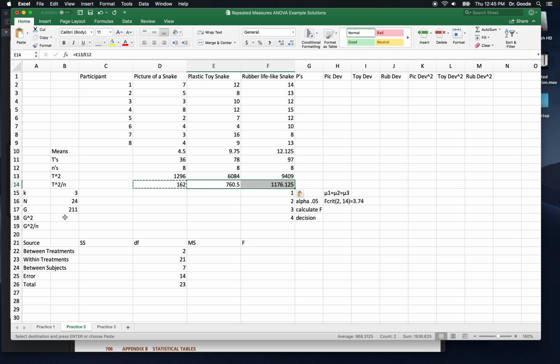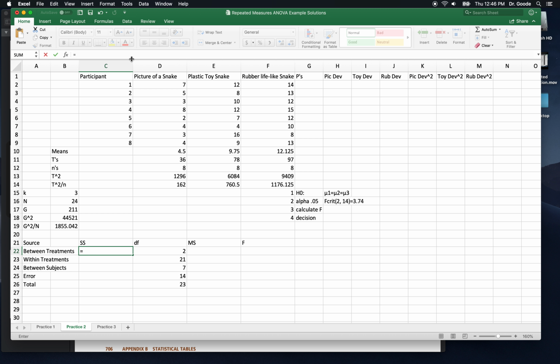So between treatment sums of squares is the sum of T squared over n, minus G squared over big N. So we'll need G squared, and we'll need to divide that by N. Now we can get between treatment sums of squares: that's equal to the sum over T squared over little n, parentheses, minus G squared over big N. There we go. Now we can get our mean square. It's just sum of squares over degrees of freedom.